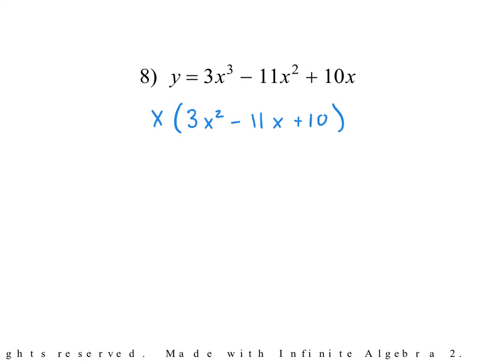Multiply the 3 and the 10. So we get 30. So we need our two factors of 30 that add up to negative 11. So what would they be? Negative 5 and negative 6. Awesome.